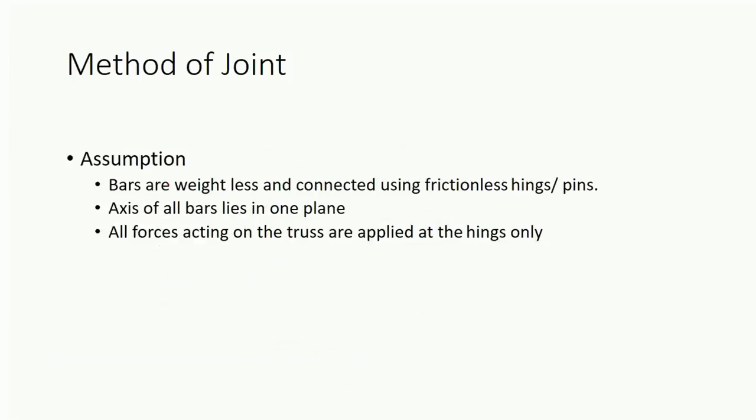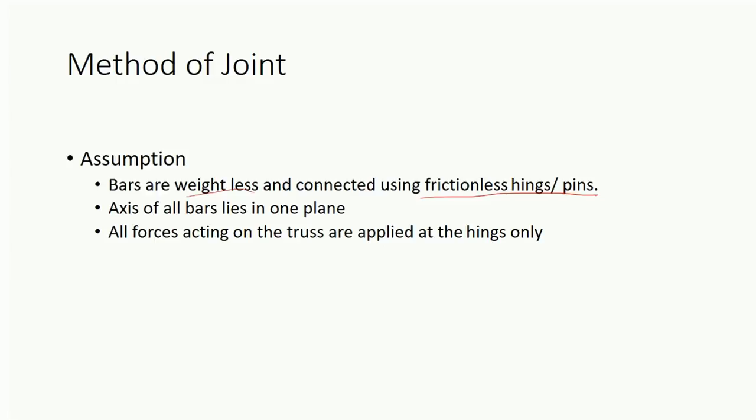So prior to moving to the solution of the problem, we should know certain assumptions. These bars are considered weightless and connected through a frictionless hinge or pin. The axes of all bars lie in one plane, and all forces acting on the truss are applied at the hinge only.